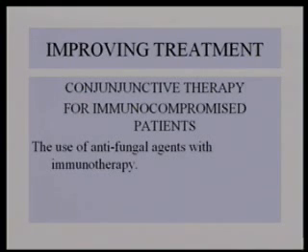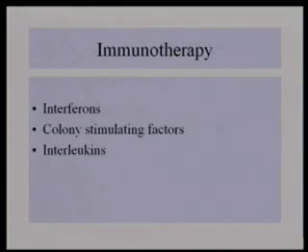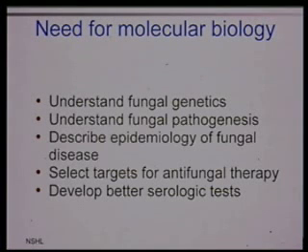Immunotherapy now is being used experimentally in combination with antifungal agents. Interferon, colony stimulating factors, and interleukins. We need more molecular work. Mycologists are behind in molecular methods to understand fungal genetics. That's starting off pretty good now. Pathogenesis, to describe the epidemiology, because you can identify particular strains.